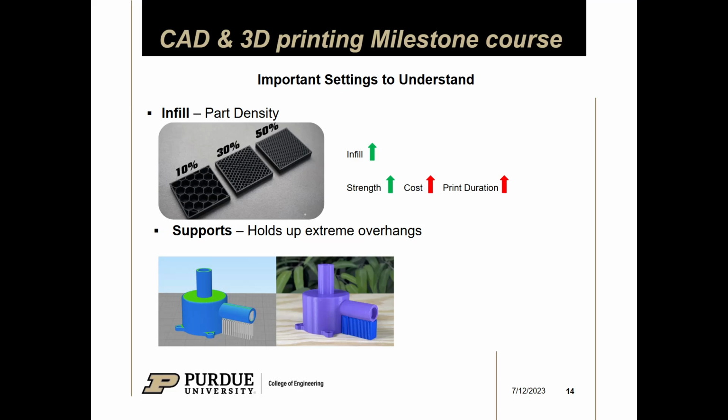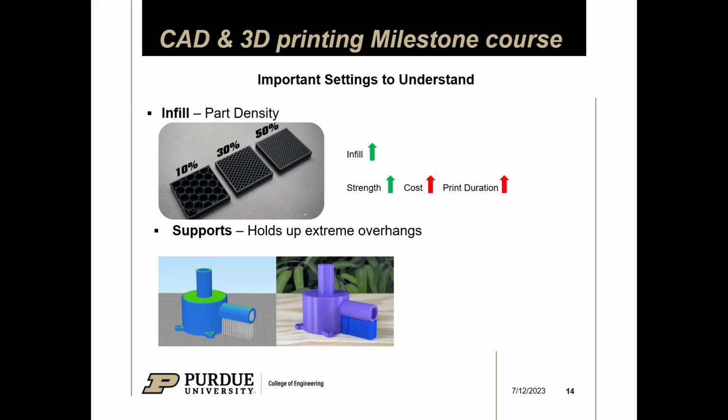Okay, cool. So the next one we're going to talk about are supports. 3D printing, as much as I wish it could defy the laws of physics, a lot of these prints will be subject to gravity, right? And when you have certain geometries that you want to reproduce, there are certain times where you can't make it without using some sacrificial material, right?